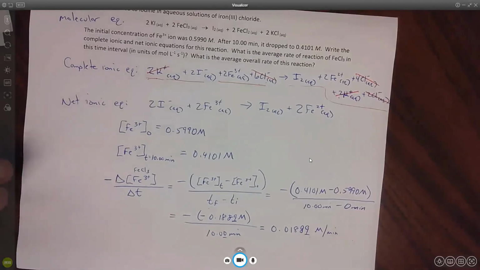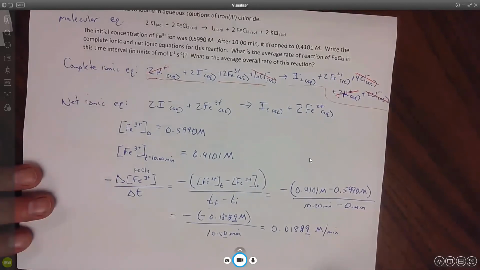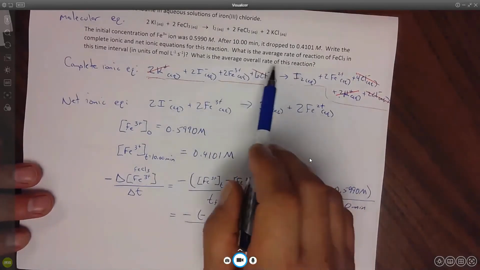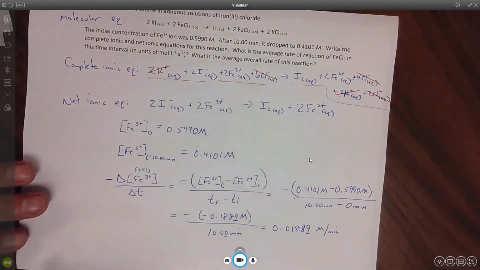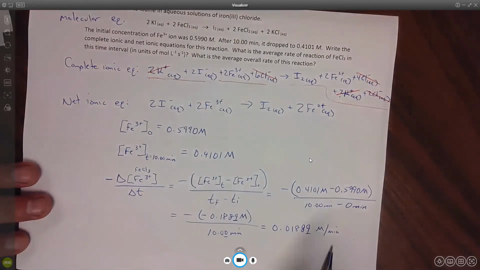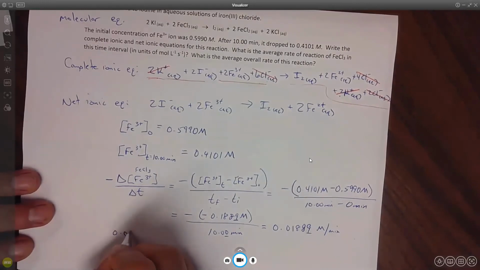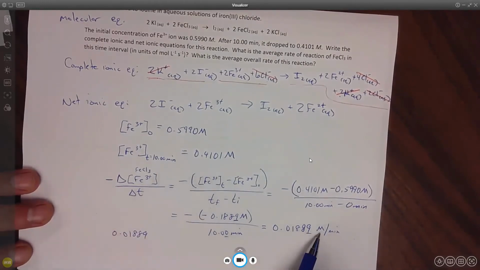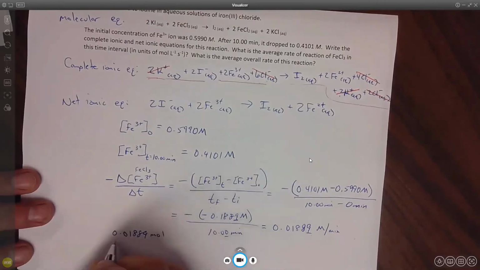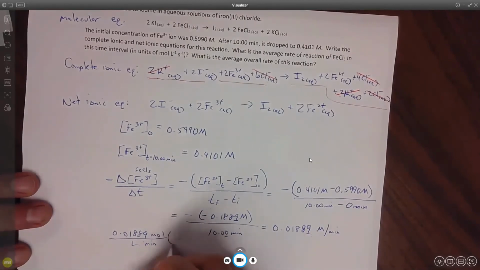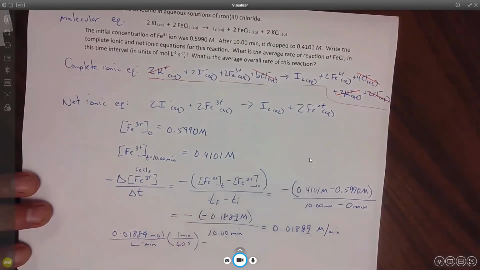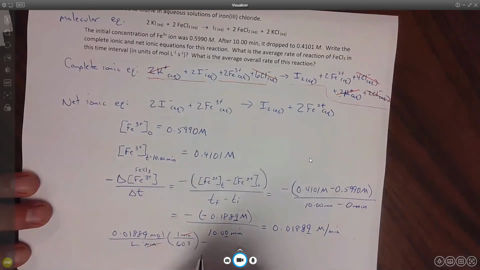Okay, and again, we could actually write that. So what did it say? It wants it specifically in units of moles per liter per second. Right now we have 0.01889. Remember, molarity is moles per liter, and this is per minute. To get rid of those minutes, we say, in 1 minute, there's 60 seconds. So now the minutes cancel, and I get the units of seconds that I want.